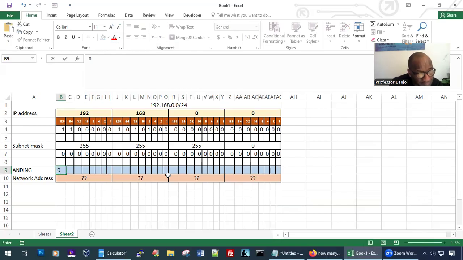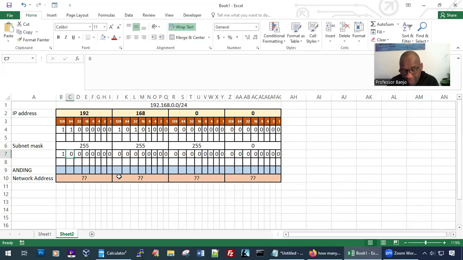Sorry, our work is not complete yet. Just like we converted the IP address and did the ones and zeros conversion, we do the same thing here. So 255 in 128, that is 1.